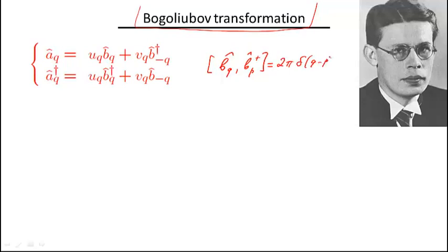The reason I call a and a dagger creation and annihilation operators was that they satisfy this relation. Now I want the new operators, which are a linear combination of those, to satisfy the same commutation relation. This would involve a calculation which would result in a constraint on these coefficients u and v.